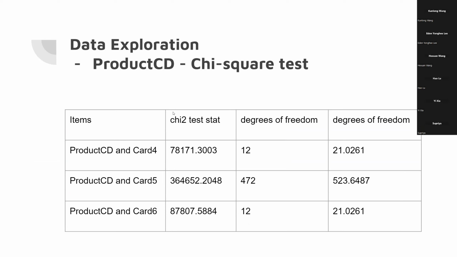We can see that each degrees of freedom is larger than the chi-square test statistic, like 21 is larger than 12, and 523 is larger than 472. So we can conclude that product CD is dependent on card 4, card 5, and card 6.